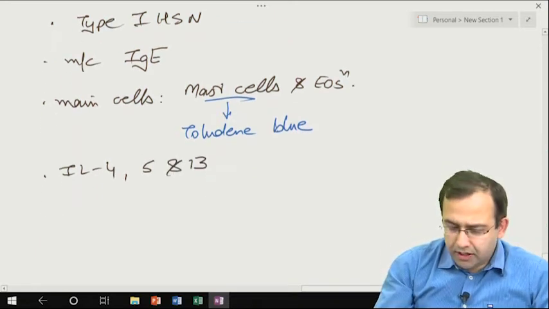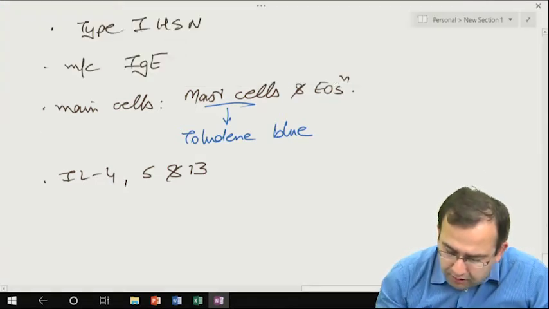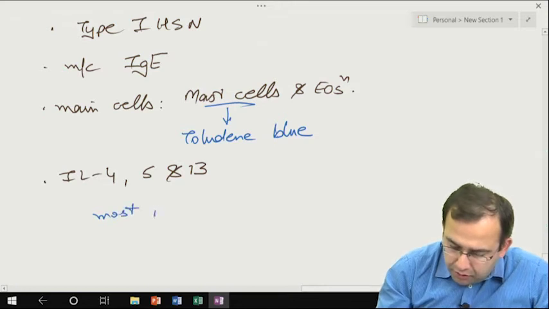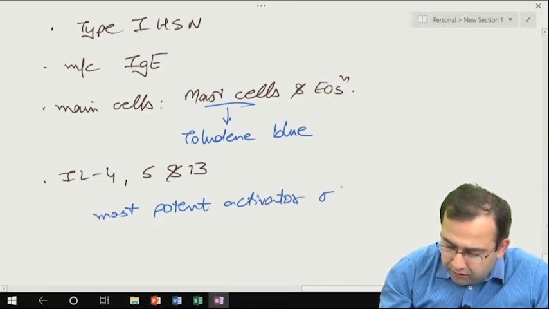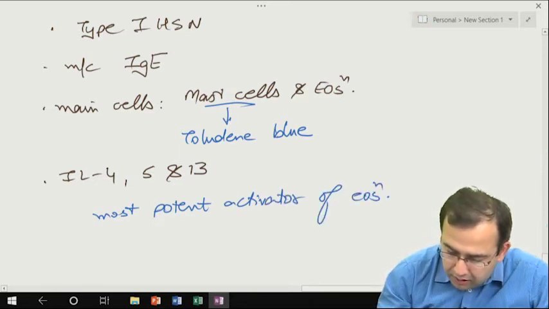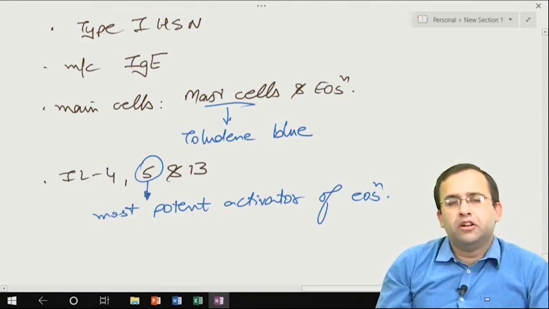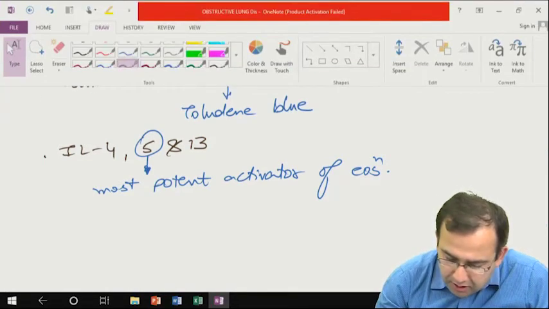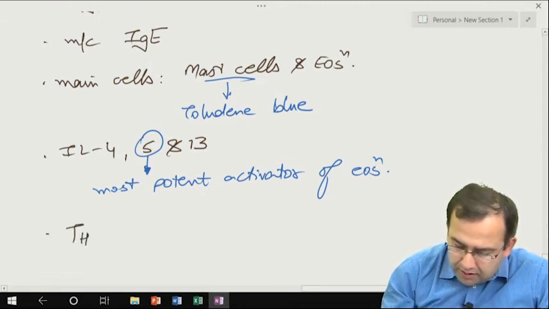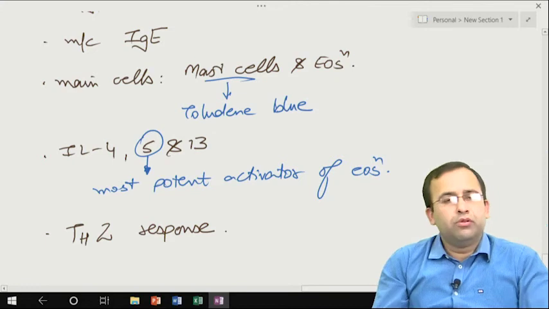Most potent activator of eosinophils: interleukin 5. Which TH response is this? It is the TH2 response, T helper cell 2 response.